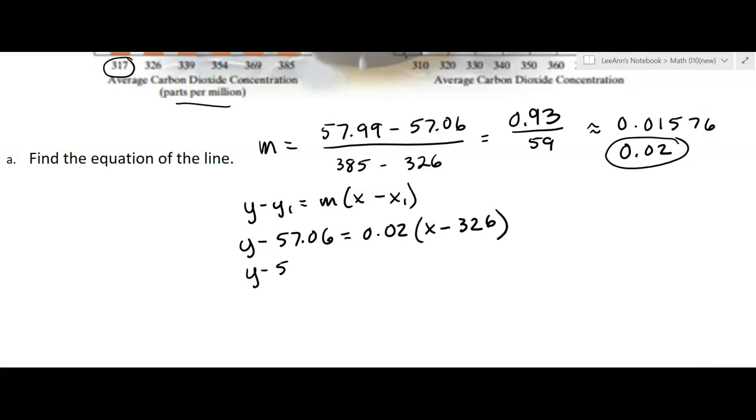So y minus 57.06 equals 0.02x minus, I've got to do that multiplication, 0.02 times 326, 6.52. And then I'm going to add the 57.06 over.